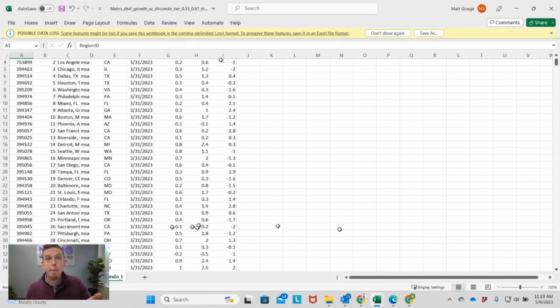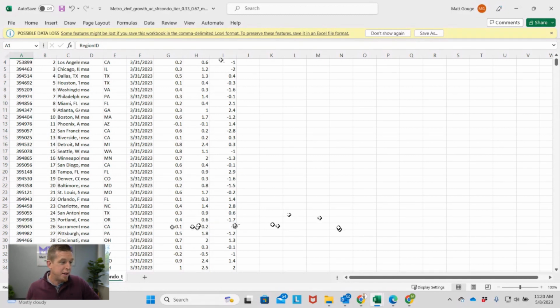So if we're going up 0.1 over the next month, they expect the couple of months after that to see a slight decrease in price. And then over the next year, negative 2% on home prices. So that's a negative, right? I mean, it's not a crash. It's not a 30%, but it's a negative.